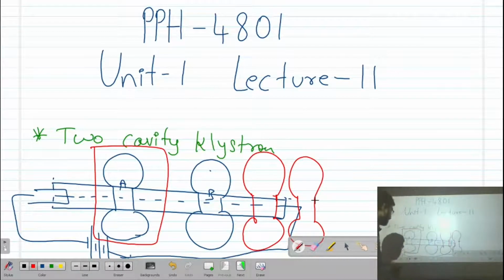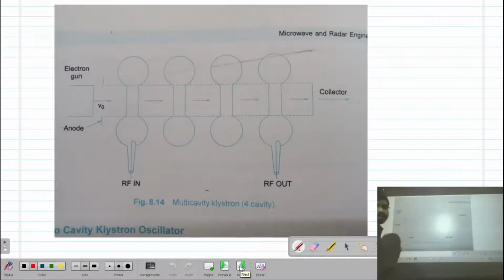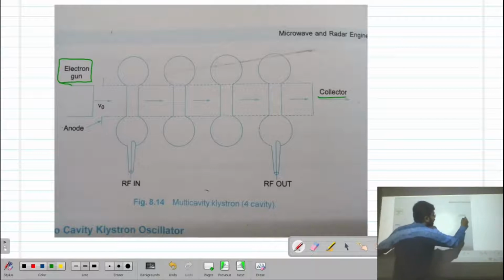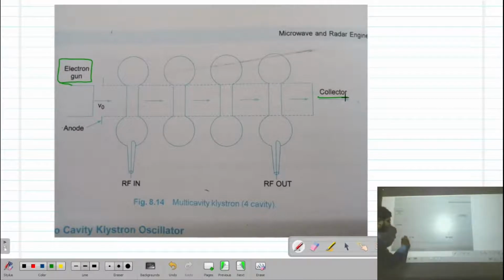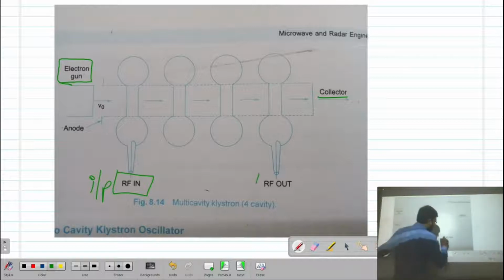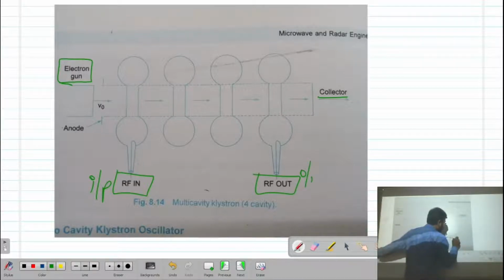Let us see the basic structure of it. This is the multi-cavity klystron amplifier that has 4 cavities. Here is the electron gun and here is the collector. The first cavity is the RF input and the last cavity is the output.